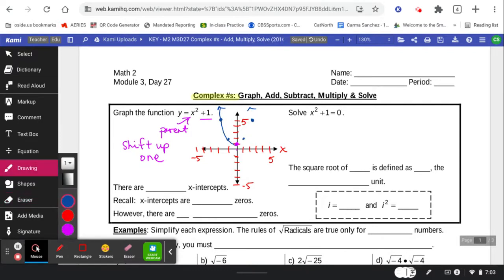Okay, so notice that this is a graph that does not touch the x-axis. So we realize that there are no x-intercepts of this graph. It never touches.